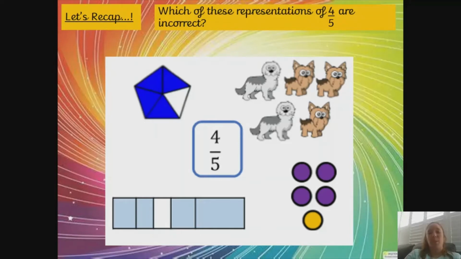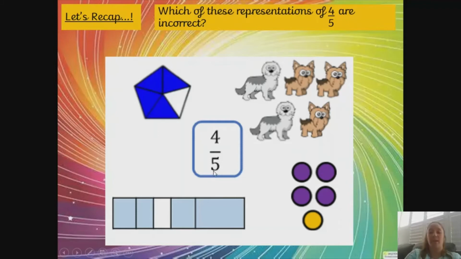Okay, so if we remember that our denominator tells us how many equal parts it's been divided into, and the numerator tells us how many equal parts we've got. Okay, so we can see clearly here this has been divided into 5 parts, this pentagon, and 4 parts are shaded. That is a true representation. This here shows us we have got 4 out of the 5 pieces.